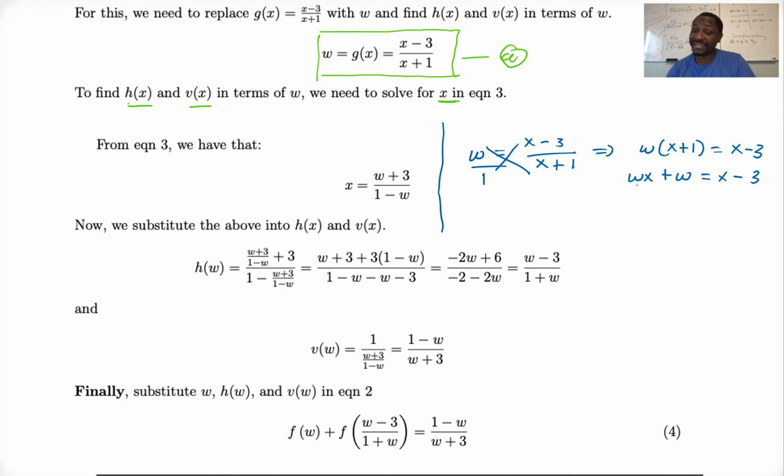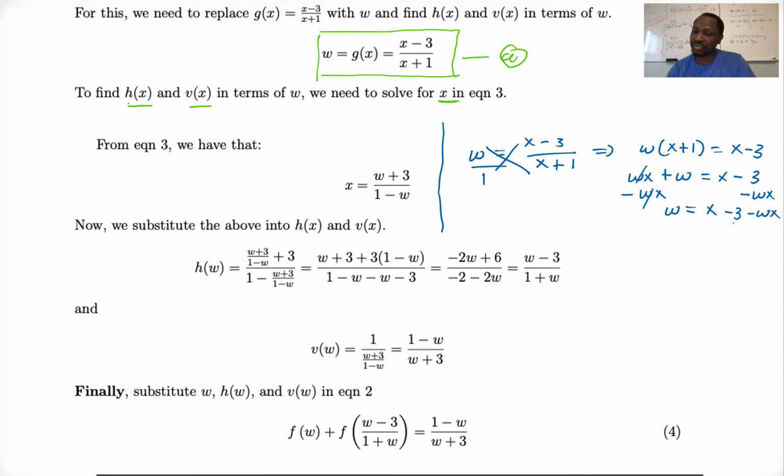So I can collect all the x terms. I'm going to subtract wx from both sides. If I do that, it will cancel out here, and I'll have just w on this side. So we have x minus 3 minus wx.